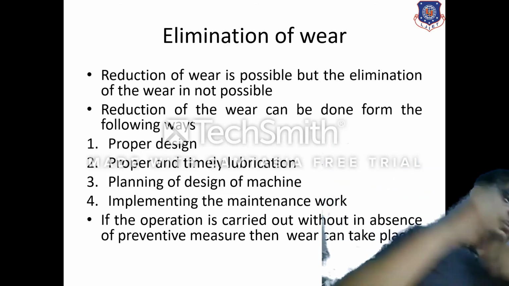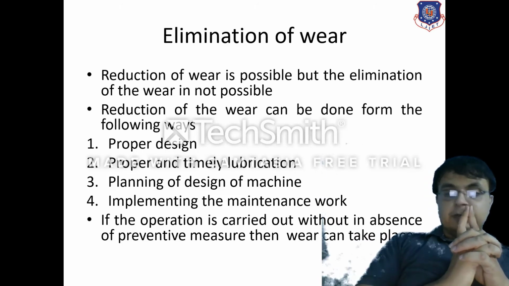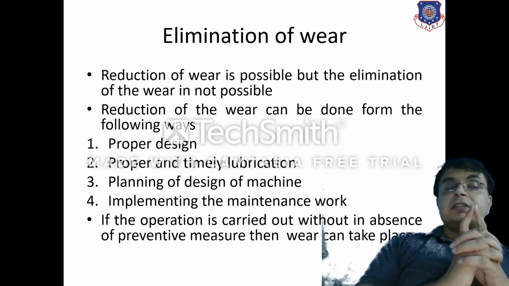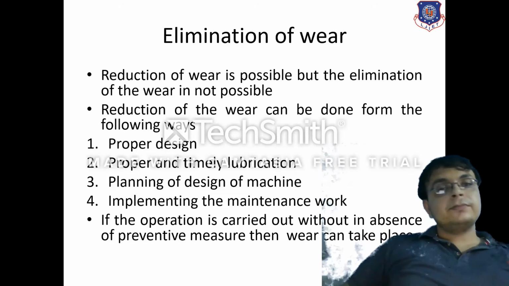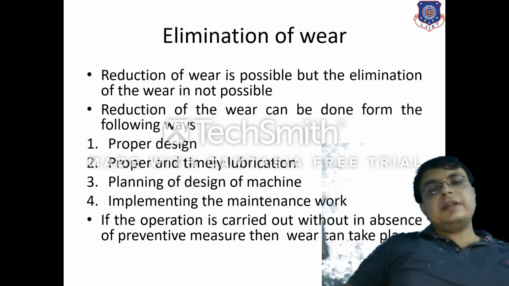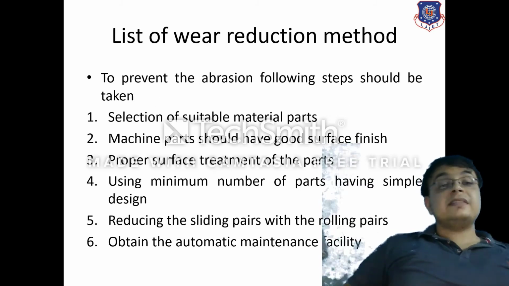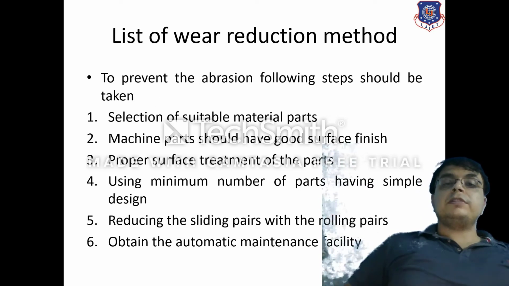Maintenance work should be done properly. So by doing these things, the reduction in the wear can take place. But if the operation is carried out in the absence of preventive measures, then there is less chance of the prevention of the wear.